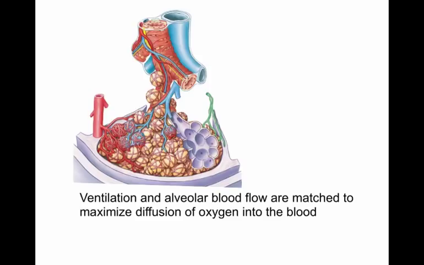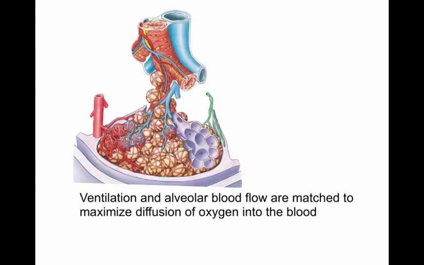But notice also that the pulmonary capillaries shown right here are in very close association with these alveoli, which allows for easy diffusion of gases. It results in a much smaller diffusional distance when those membranes are fused together.